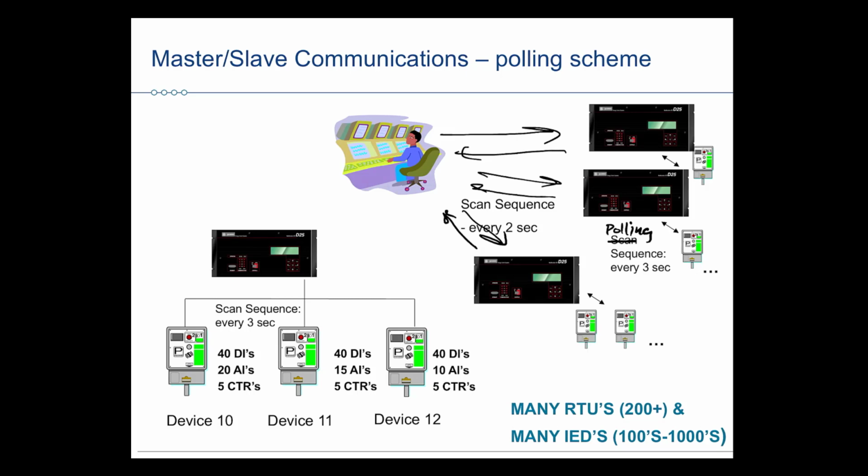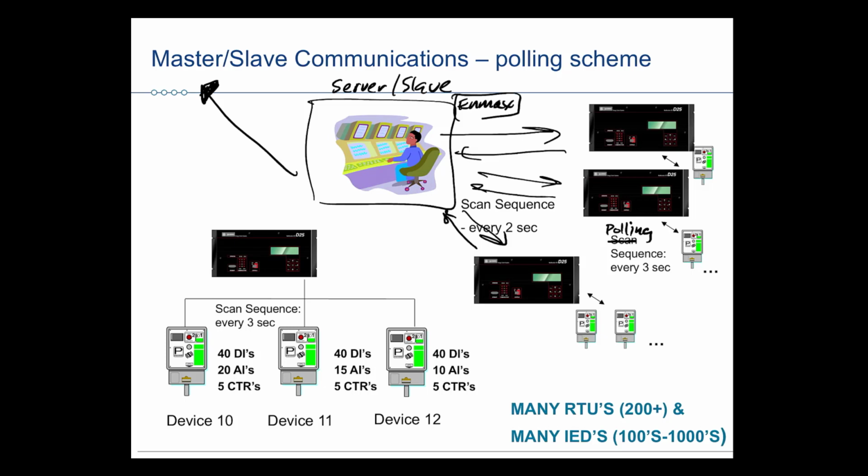Now this MCC could be a server or a slave to a higher connection. Let's say this is, say, NMAX. NMAX could be reporting to ASO, right? So you get the idea.